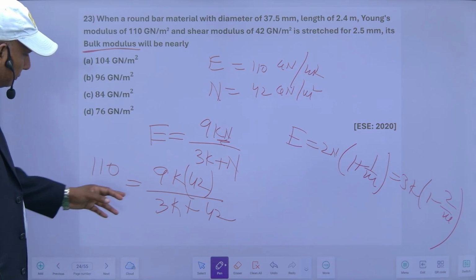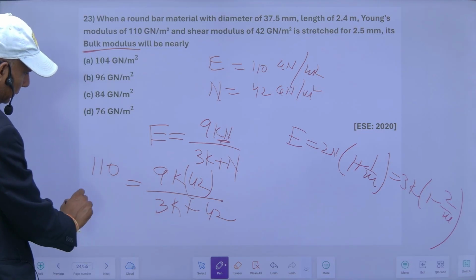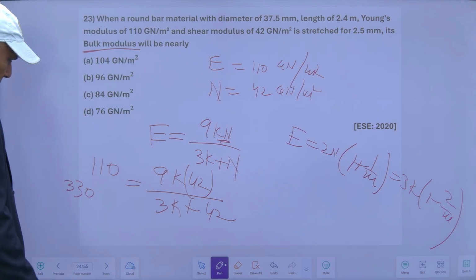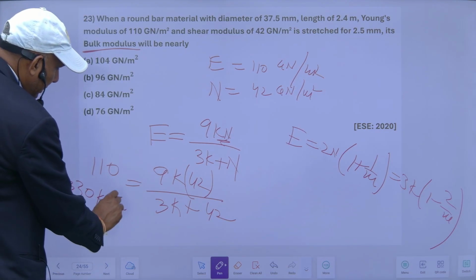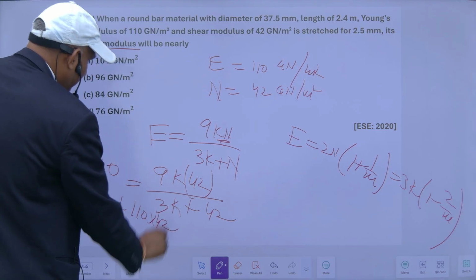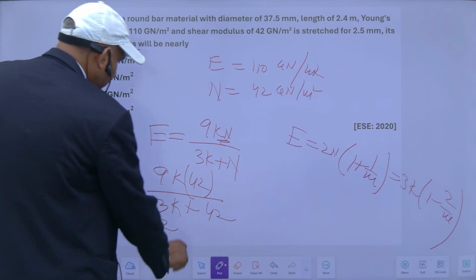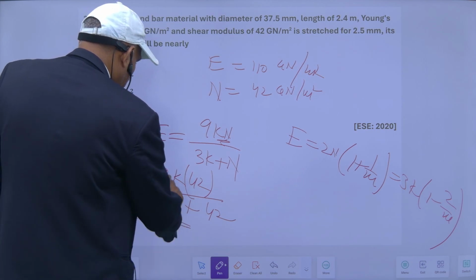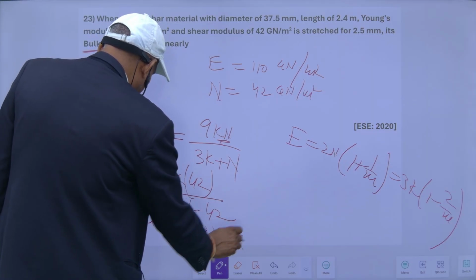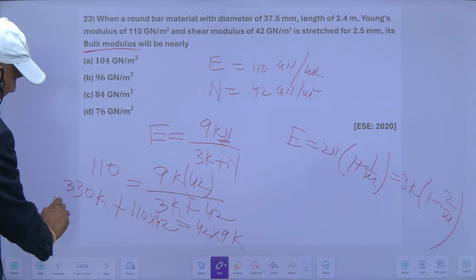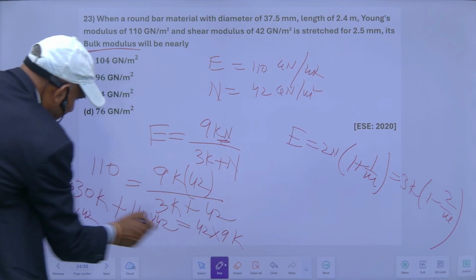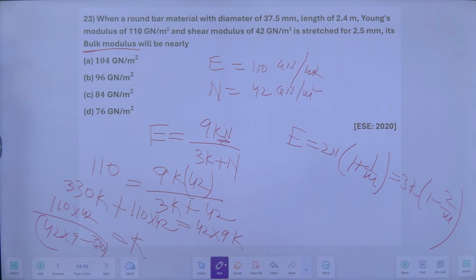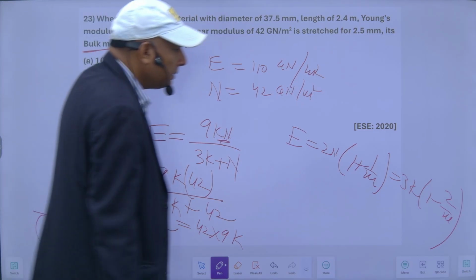So it will be 330 K plus 110 into 42 will be equal to this 42 into 9 K. Means if I take this 110 into 42 divided by this minus this, 42 into 9 minus 330, this will give the value of the K, and this comes out.